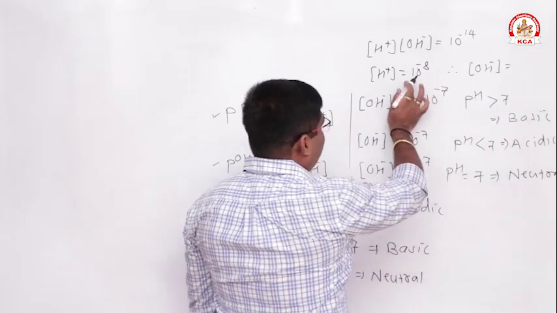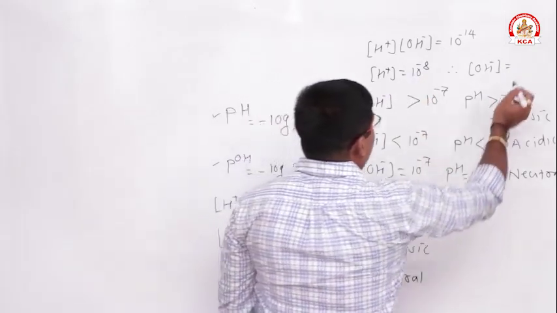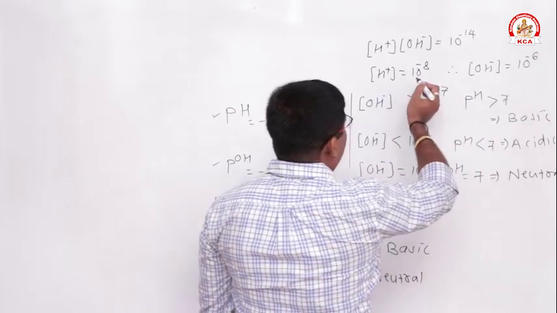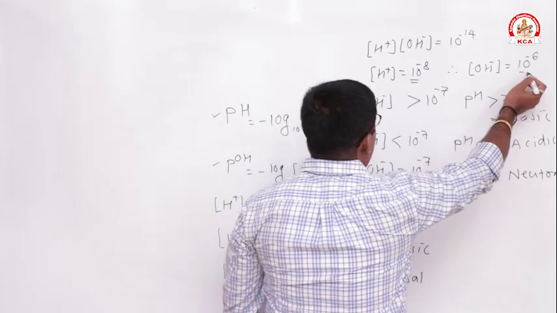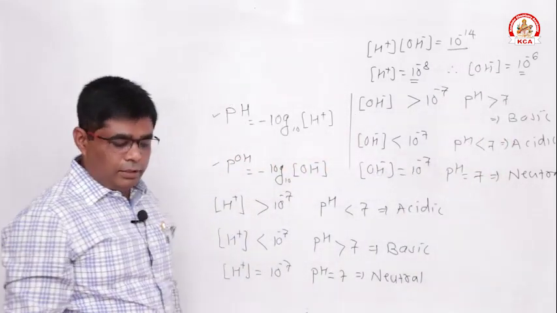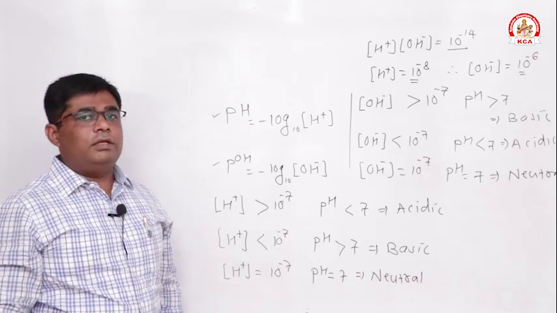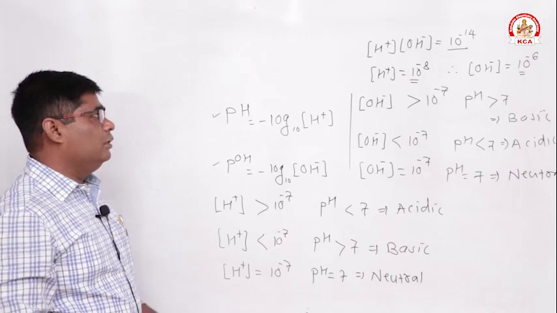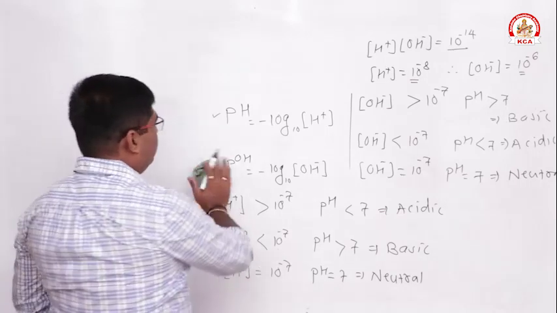It is 10 raised to minus 6. So 10 raised to minus 8 into 10 raised to minus 6 equal to 10 raised to minus 14. थोडक्यात काय H plus आणि OH minus concentration हे किती असायला पाहिजे? 10 raised to minus 14 according to the ionic product of water.